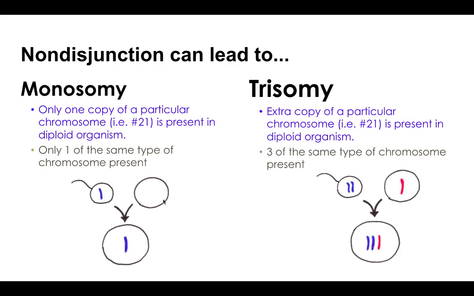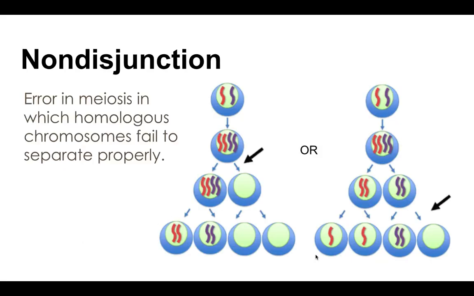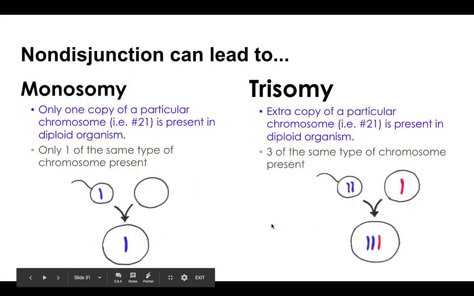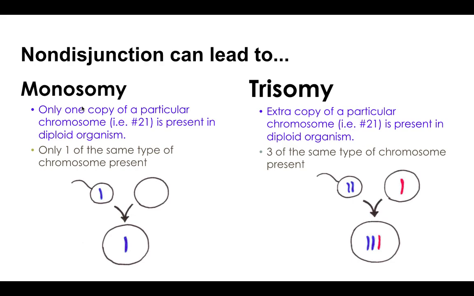But then the egg cell, maybe due to non-disjunction, maybe it was one of these cells here that didn't get a chromosome. It forms with the sperm cell, and so when you're supposed to have two pairs of each chromosome, you just have one, and that's called monosomy, right? One for mono.